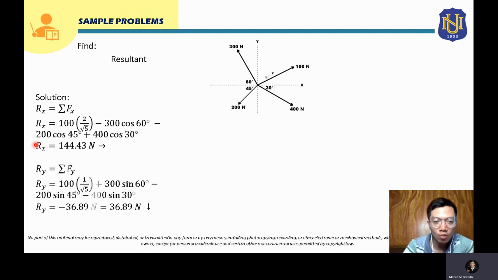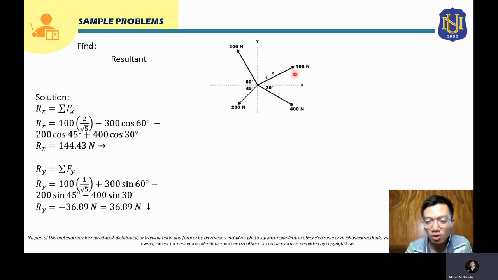Now, let's also solve for Ry. Your Ry will be the summation of all the vertical components of all the forces. For your Ry, your first force is 100 Newton. The vertical component of this 100 Newton force using the slope triangle will just be 100 times the side that is parallel to the side that we are solving, which is the vertical.